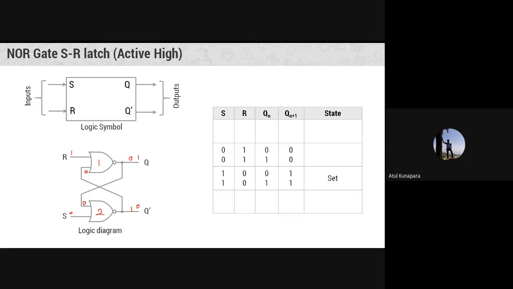See, if you understand this, before we have applied R equal to 1 and S equal to 0, let us say, if I remove this part first, suppose before we have applied this, your Q was already 0, and Q dash was 1.